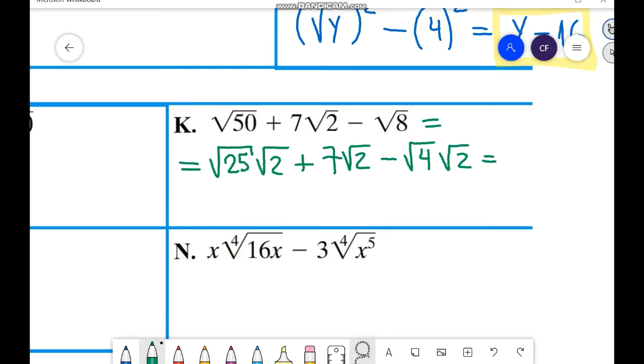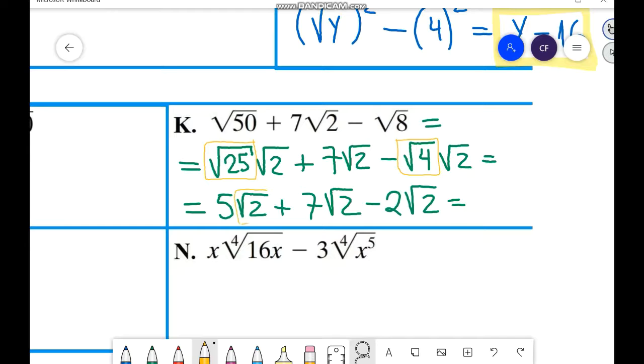See? And now it's so good because we can simplify this. Square root of 25 is 5, square root of 2. And square root of 4 is 2.